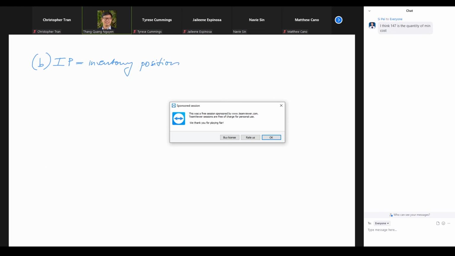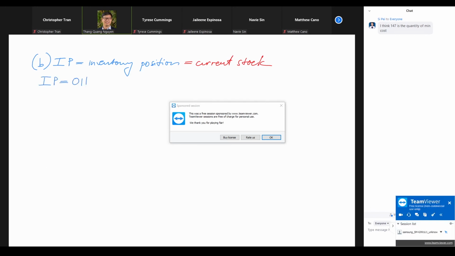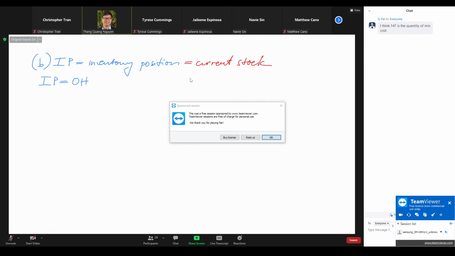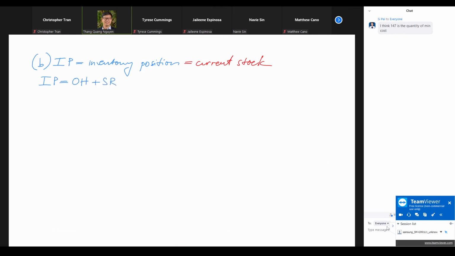Or if it is a fancy word, then here is another way to call it, the current stock, right? How much do we have right now? The inventory position. So inventory position is calculated as how many calculators we have on hand, plus how many calculators are scheduled to be delivered today, right?